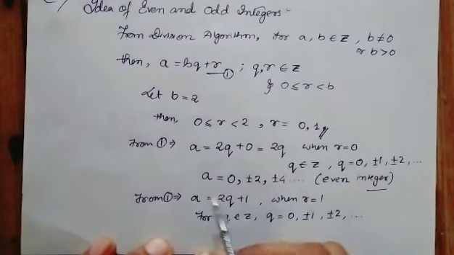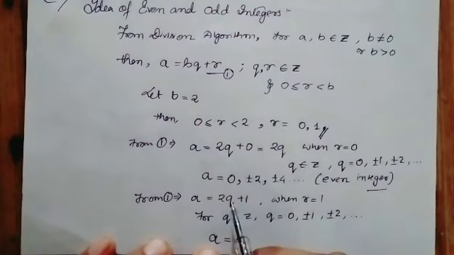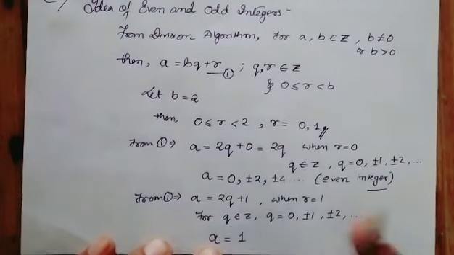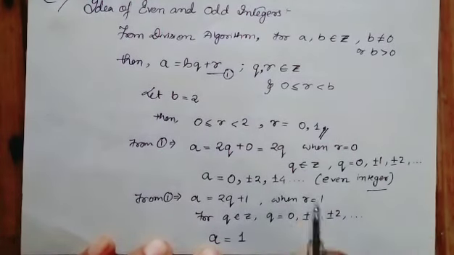Then what will the value of a be? If you substitute 0 in this equation, 2 into 0 is 0, plus 1, you will get 1.